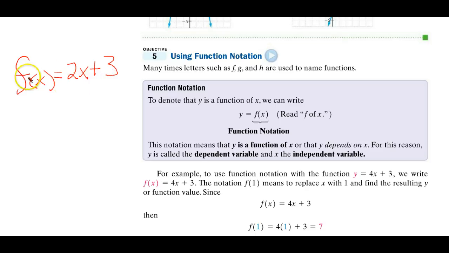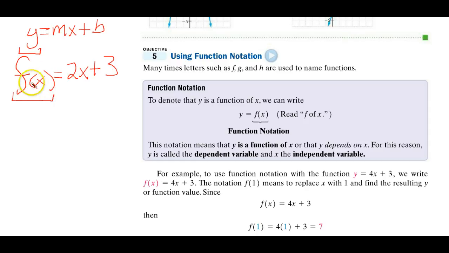Now you might say, oh, that's very similar to y equals mx plus b. And that's true. And we often say that we can substitute the y for this function notation.